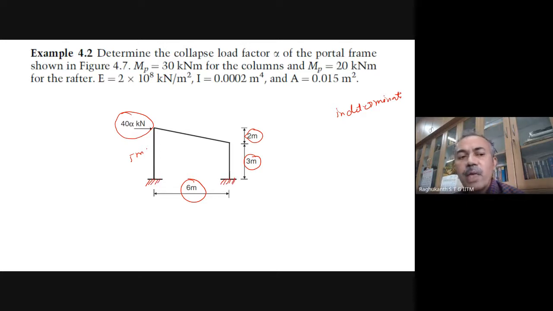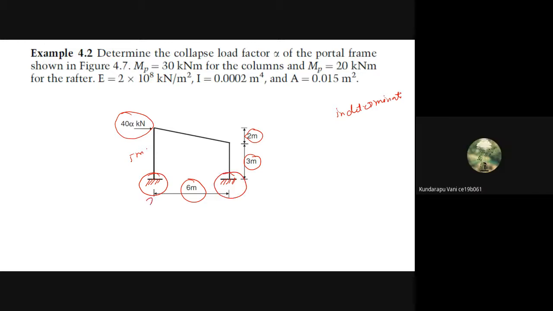Tell me what is its indeterminacy? You have studied in your analysis course, right? Tell me how many unknowns are there, how many equations you have. So at fixed end, how many unknowns will be there? 3 unknowns. So 3.